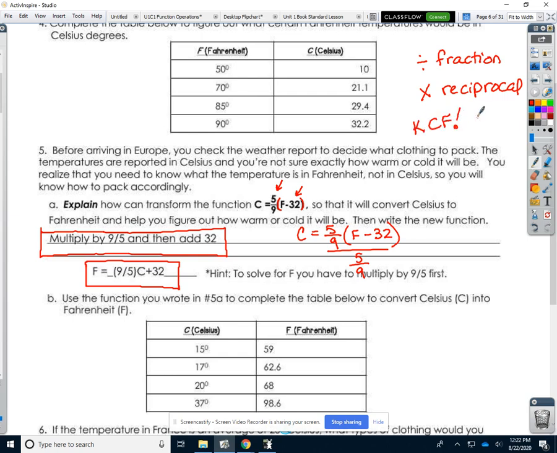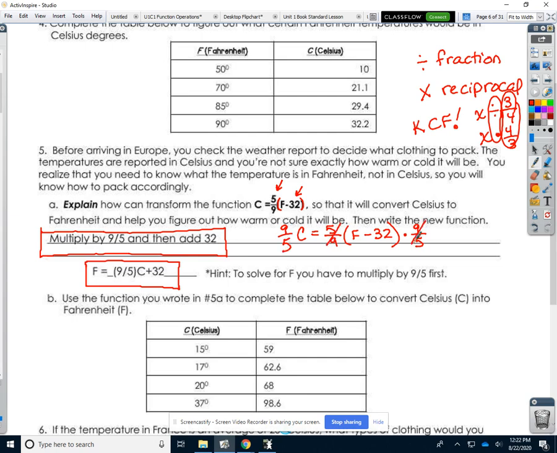So if you had x divided by 3/4, you would do x times 4/3. Keep, change this, flip this. So instead of dividing by 5/9, we might as well just multiply by the reciprocal. So multiply both sides by 9/5.